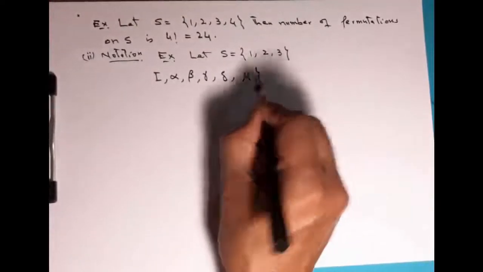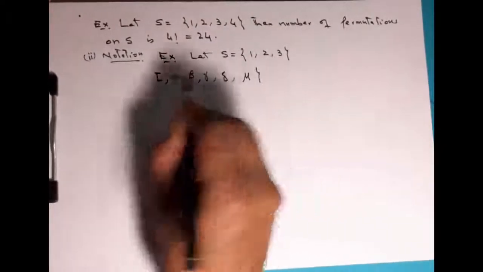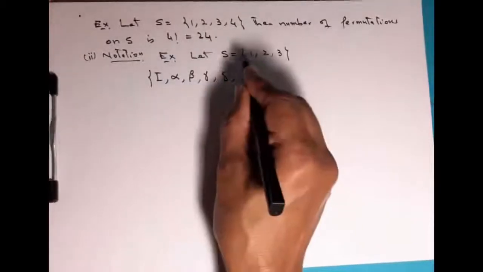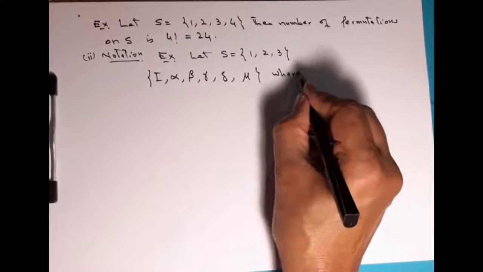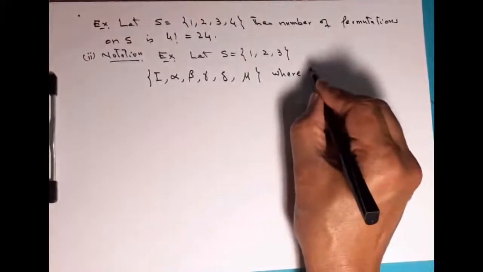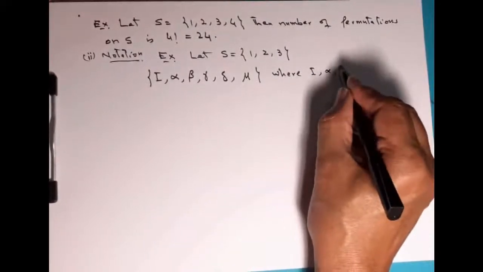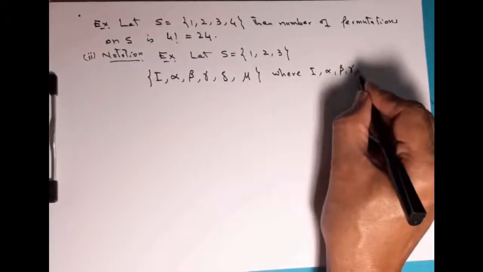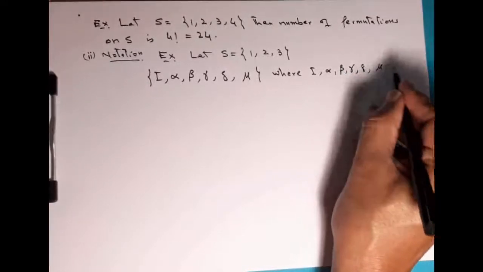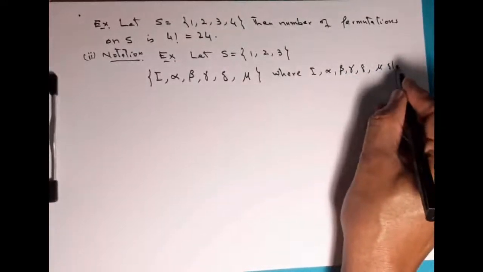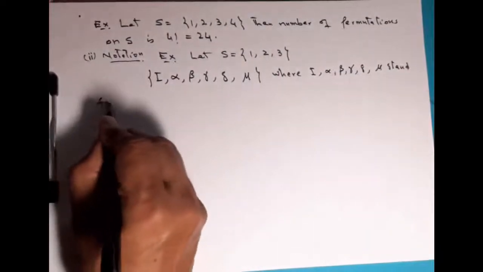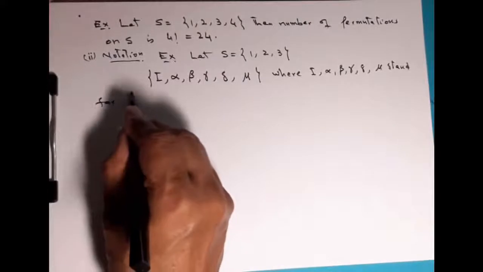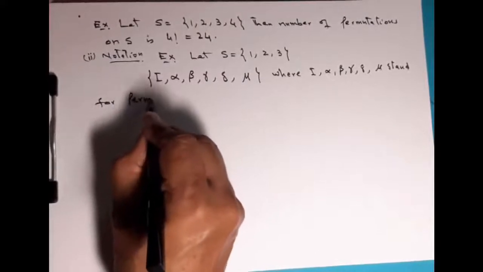So these were the 1, 2, 3, 4, 5, 6 permutations on this set S, where I, alpha, beta, gamma, delta, mu, the symbols stand for permutations already described.